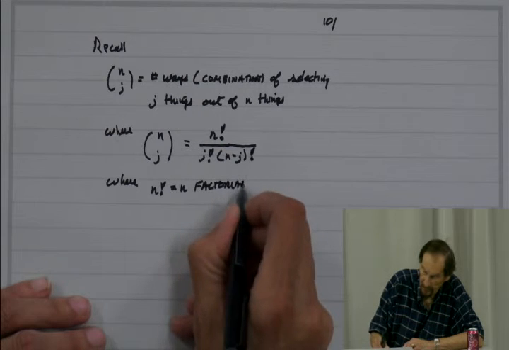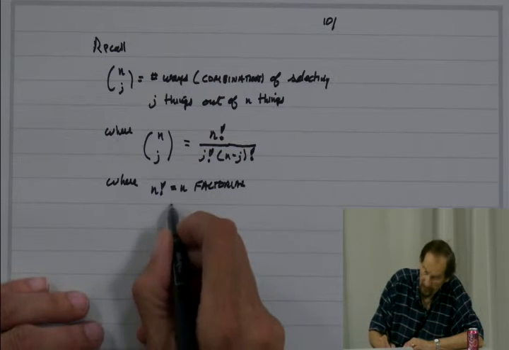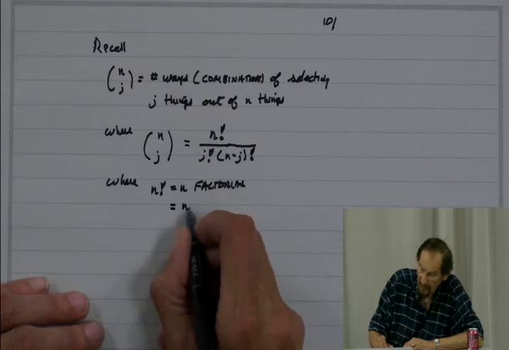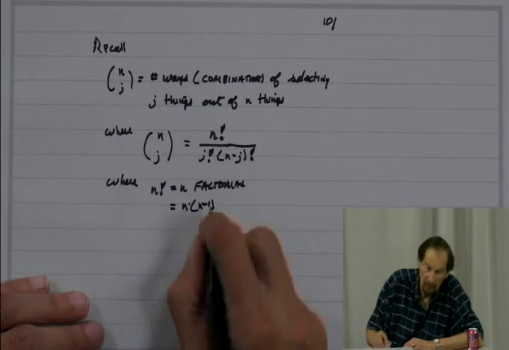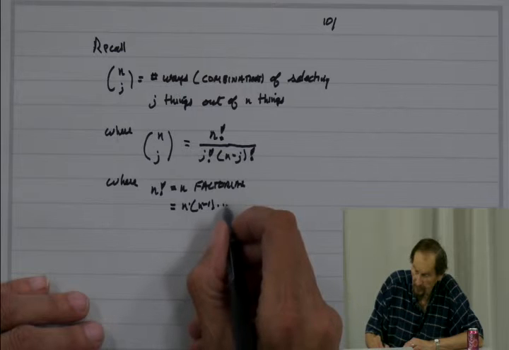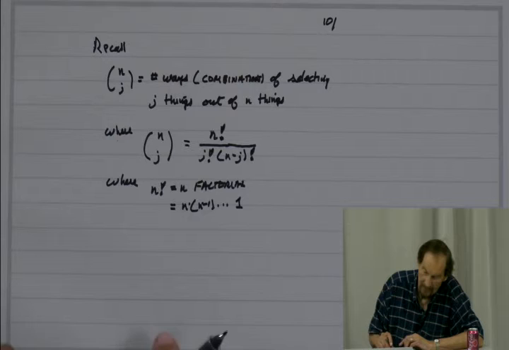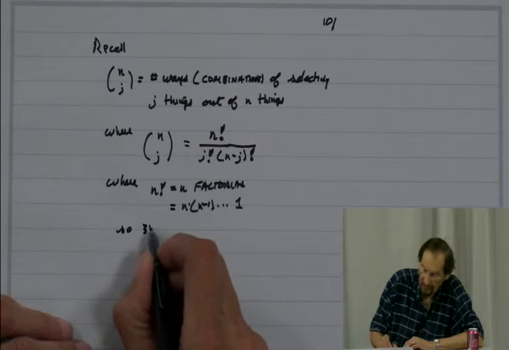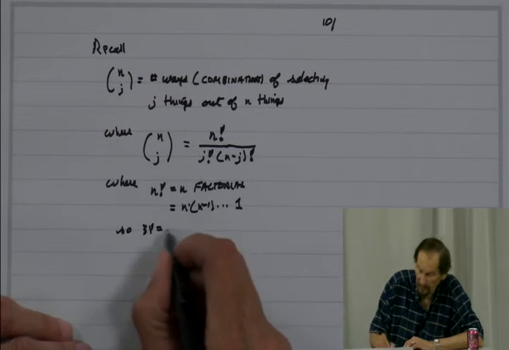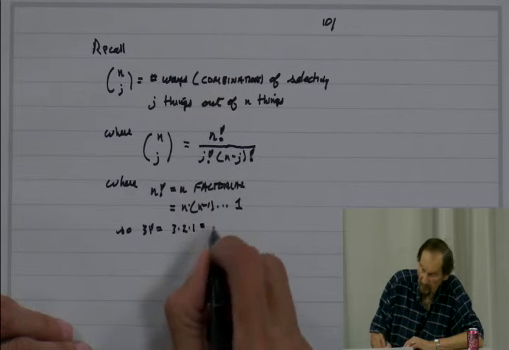This is definitely a repeat for almost everybody, but it's useful to do it anyway. n factorial equals n times n minus 1, all the way down to 1. So we have n times n minus 1 times n minus 2 all the way down to 1. So 3 factorial equals 3 times 2 times 1 equals 6.